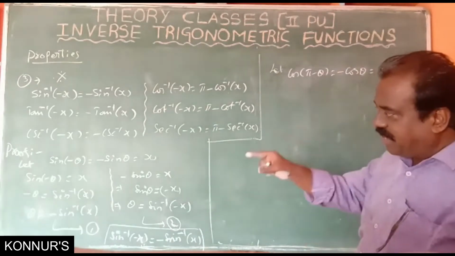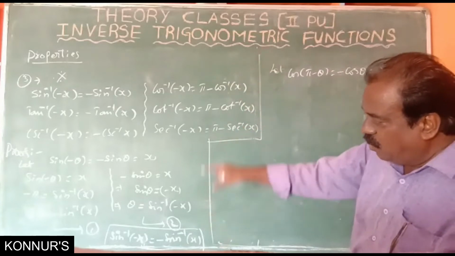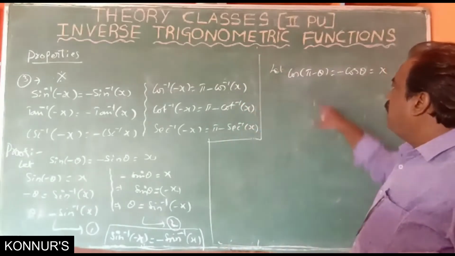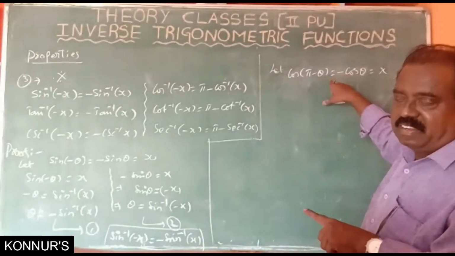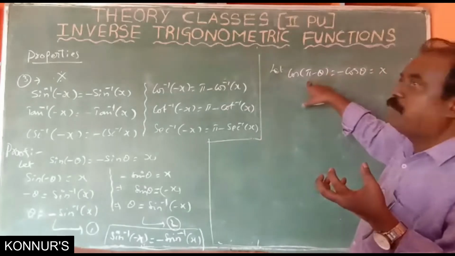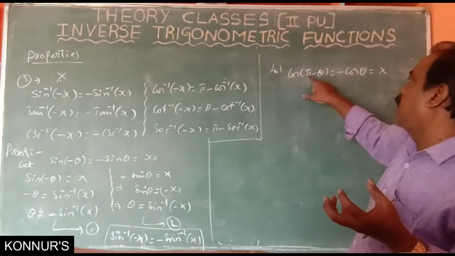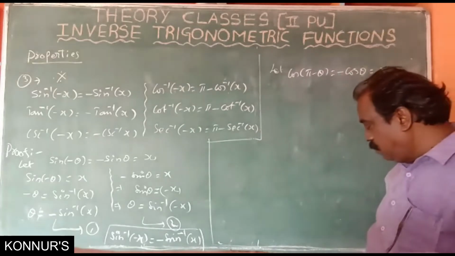In the case of sine, sine of minus theta is minus sine theta. But here cos of minus theta is plus cos theta, not minus cos theta. We have to get minus cos. Only it is possible in the second quadrant. Cos of pi minus theta is minus cos theta.